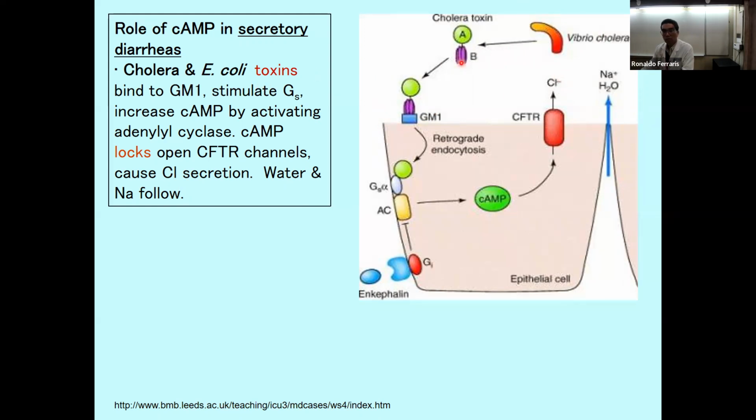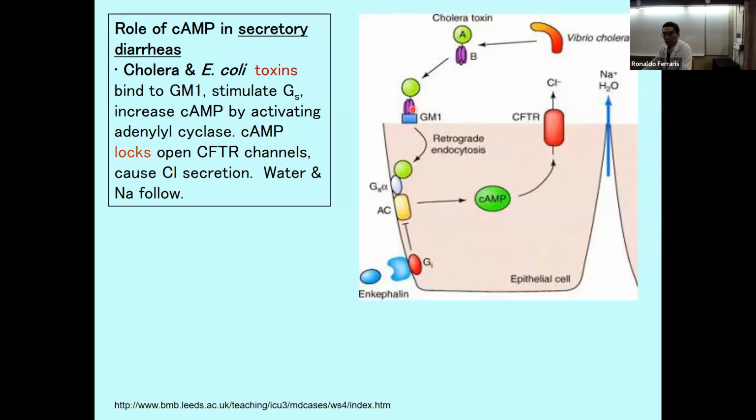These toxins, the cholera toxin, has two subunits, alpha and beta, or A and B subunits in different books. The beta subunit is recognized by a ganglioside, GM1, in the apical membrane of your intestinal cells. GM1 is found there to regulate transporters.